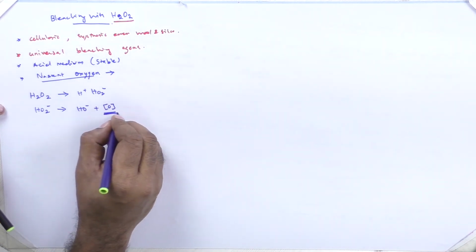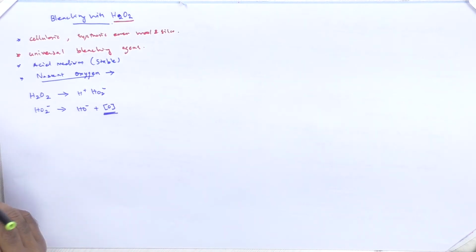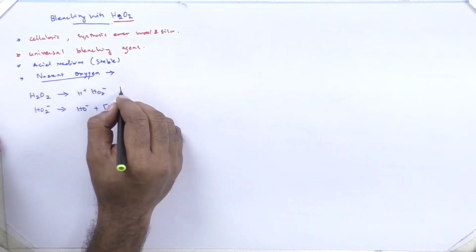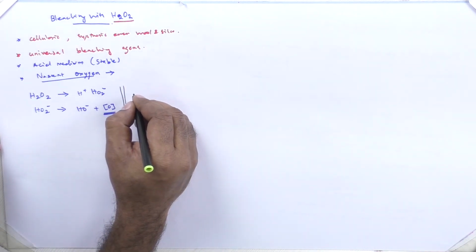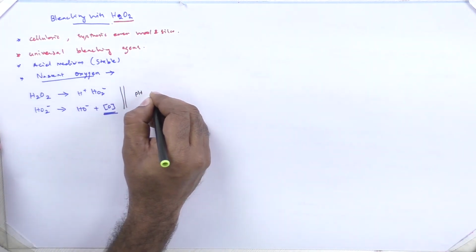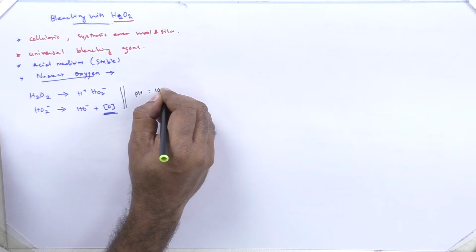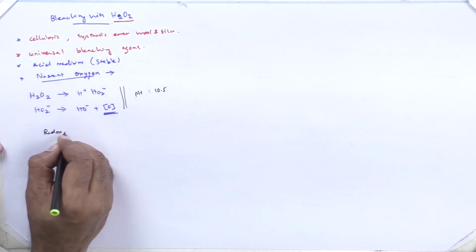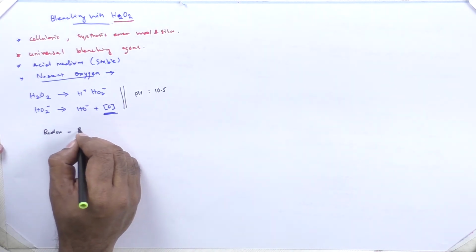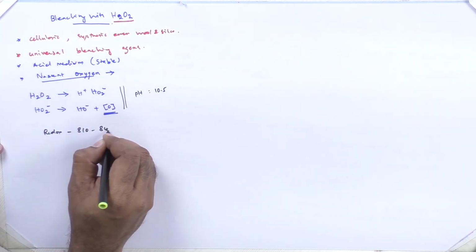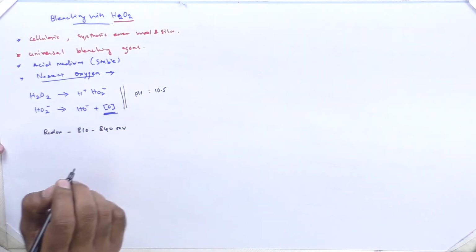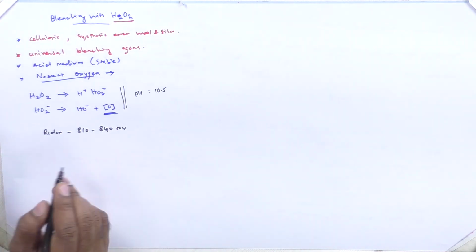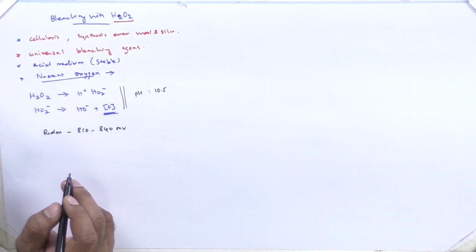This is a very powerful oxidizing agent. In alkaline medium this reaction takes place at pH 10.5. The redox potential is 810 to 840 millivolt, which is much lower than sodium chlorite and sodium hypochlorite.